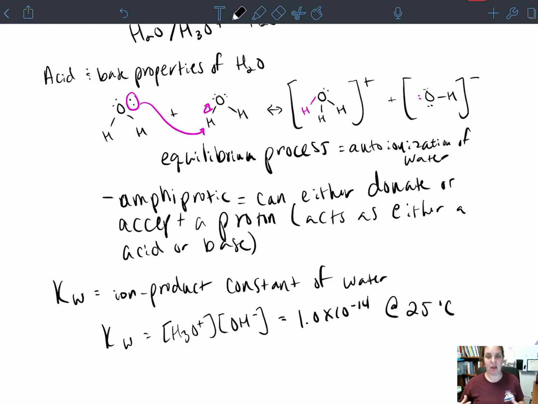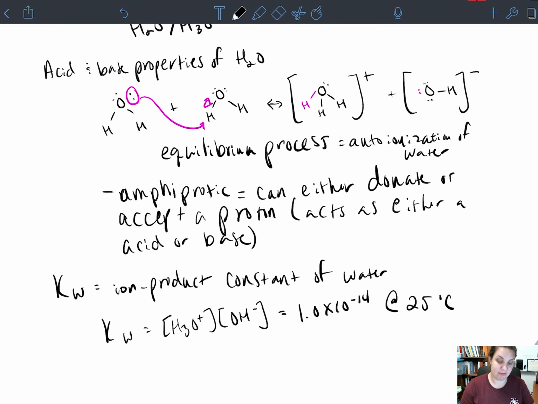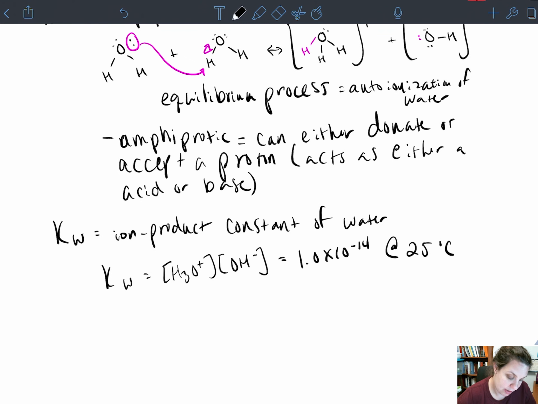So that equilibrium constant can change at different temperatures, but at 25 degrees Celsius, the product of the hydronium concentration times the hydroxide concentration will always be 1.0 times 10 to the negative 14 in any aqueous solution.